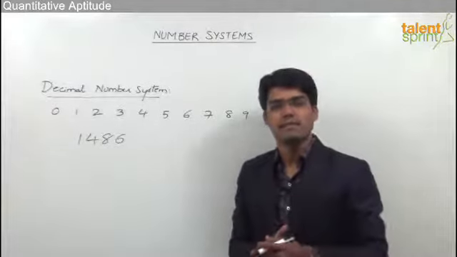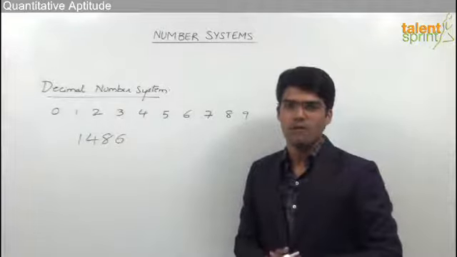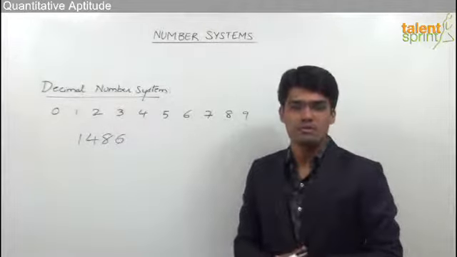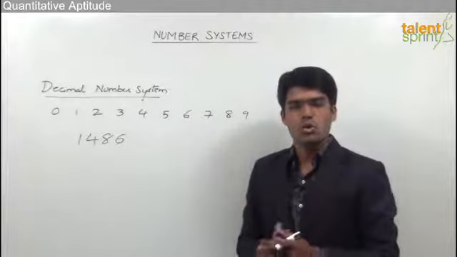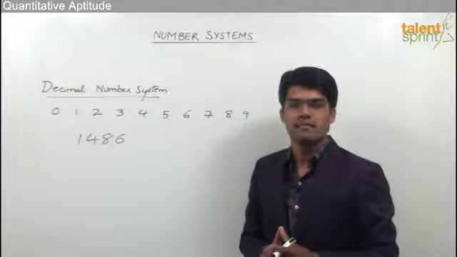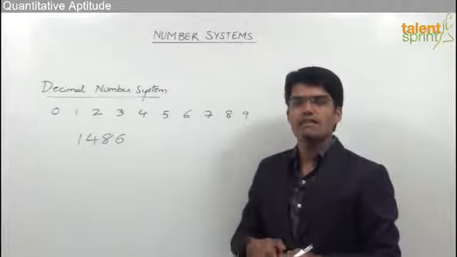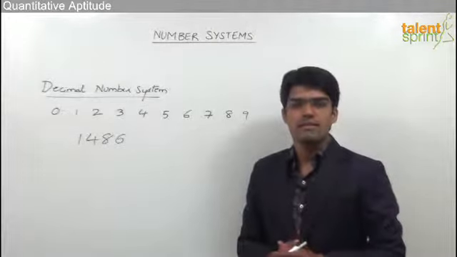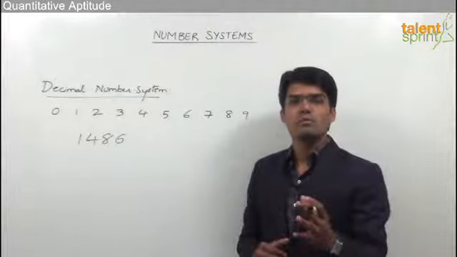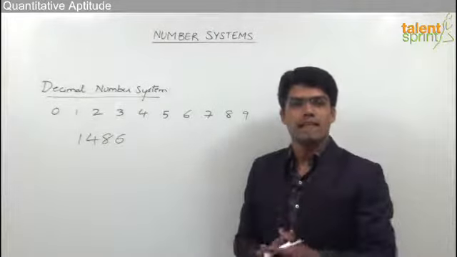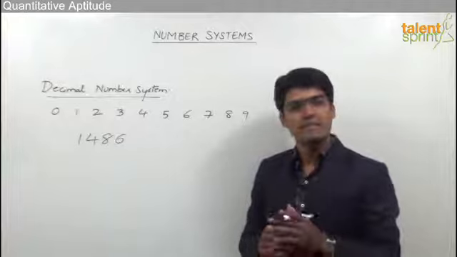A binary number system is a system which has a base of 2. It has only two symbols, 0 and 1. So whatever numbers are made in the binary system are only a combination of zeros and ones. Likewise, the other number system is the octal number system, which has 8 different symbols from 0 to 7. And then there is the hexadecimal system, which has 16 different symbols.